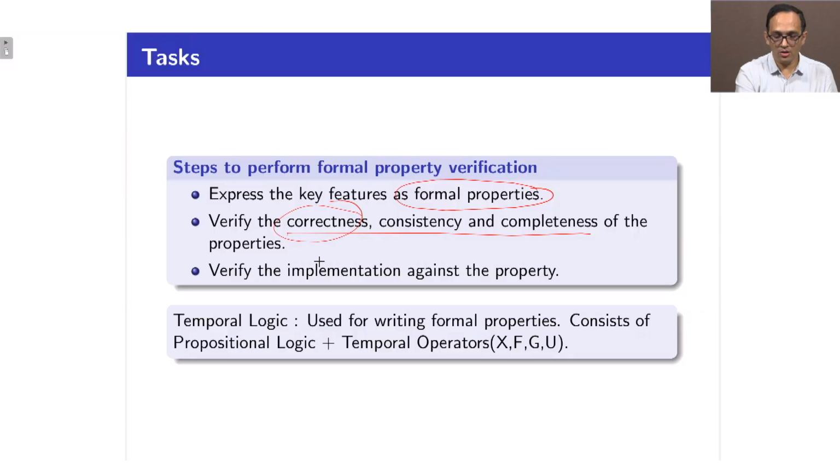He identifies many properties, and they must be consistent, meaning they do not contradict each other, and complete, in the sense that I have written enough properties. Say I have written 10 properties, and if I check these 10, it means the implementation is correct; there is no 11th or 12th property. So these 10 are sufficient. In verification terms, he has to ensure the correctness, consistency and completeness of the properties, and most of the time this task is manual.